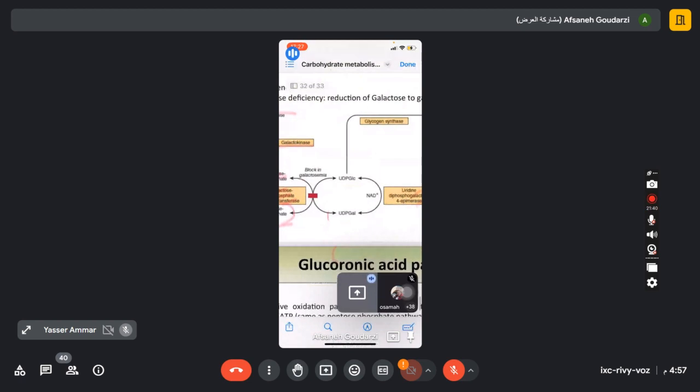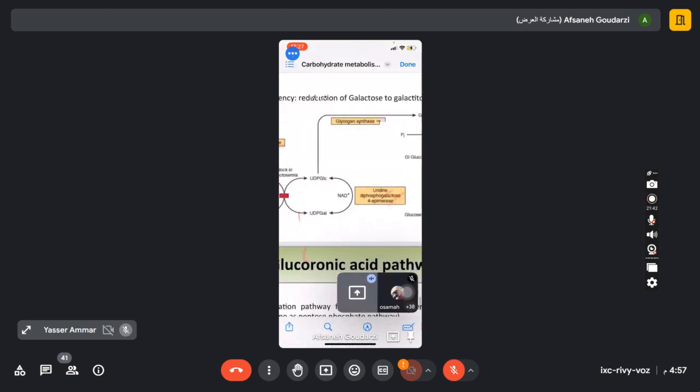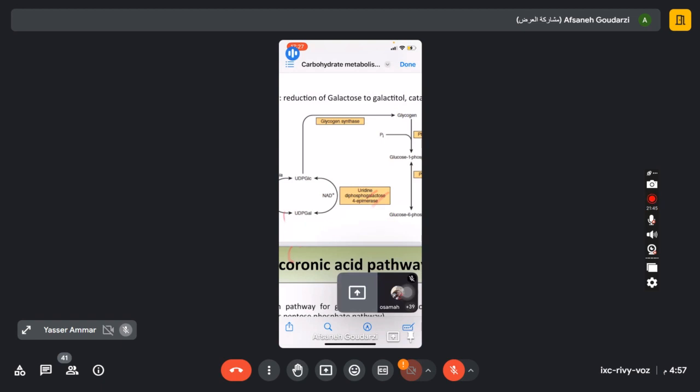We produced UDP glucose from galactose. Now it could be used in other pathways.